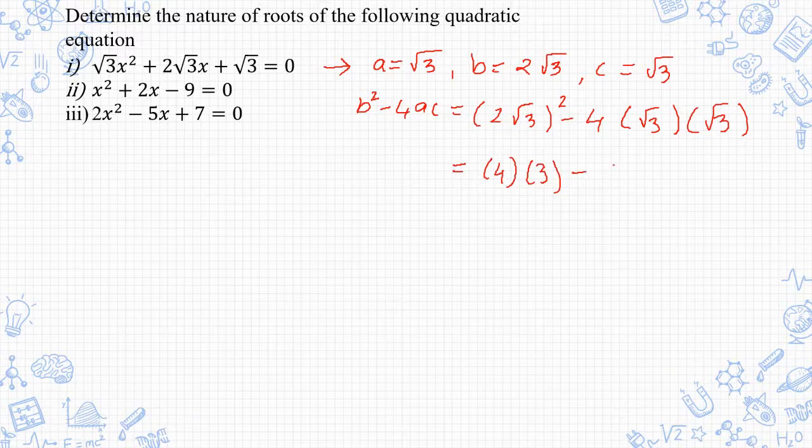Minus 4 root 3 into root 3 will give you 3. So this will be 12, 4 into 3, 12, and here again 12. So 12 minus 12, 0. So the value of the discriminant is 0. So the nature of the roots of this first quadratic equation will be real and equal.